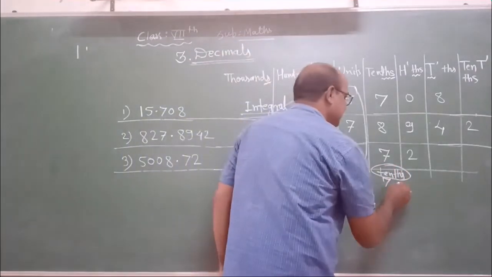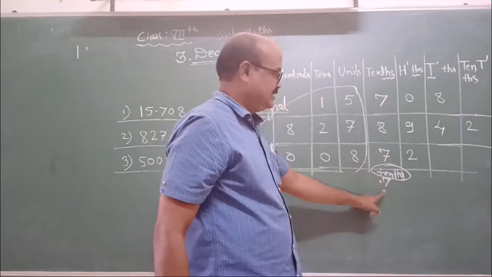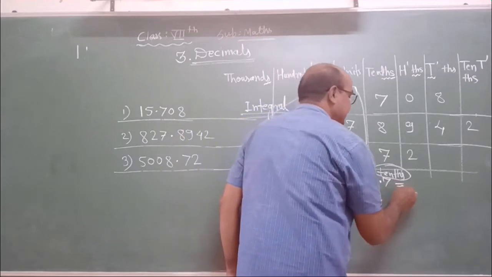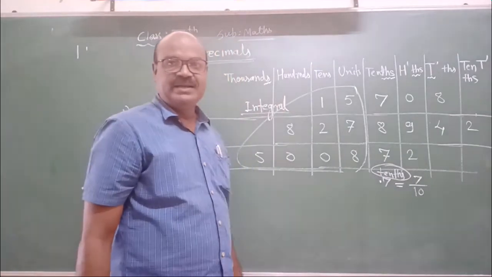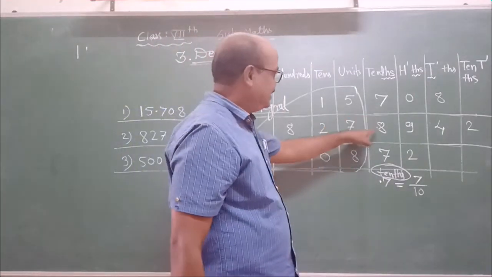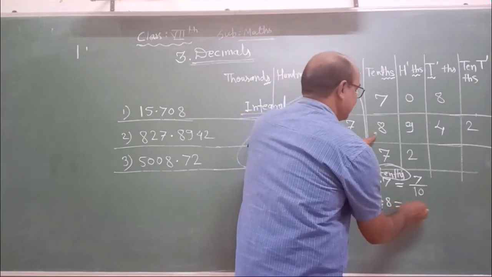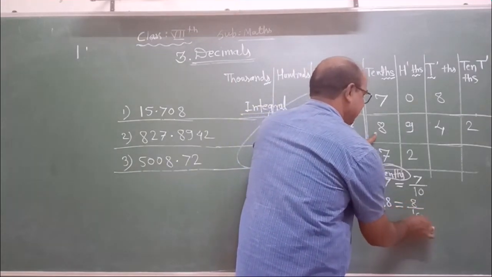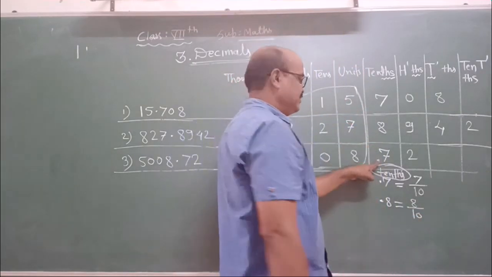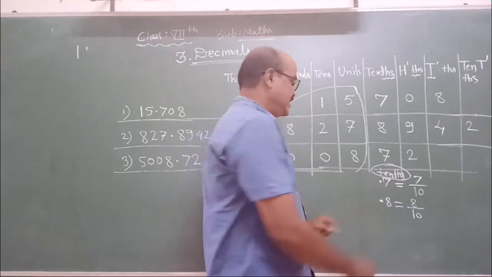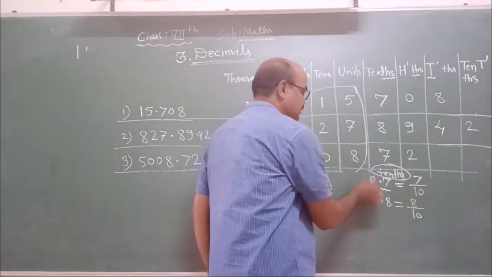So 7 is nothing but 0.7, and of course it will be 7 divided by 10. Here 8, that is 0.8, is nothing but 8 divided by 10, right? And in this number, once again 7 is there, so 0.7 is nothing but 7 upon 10.